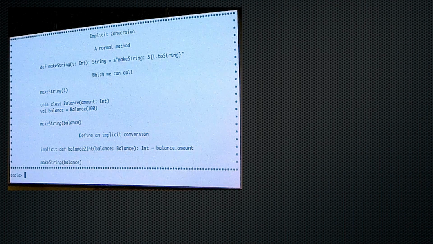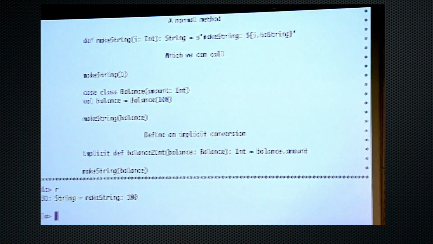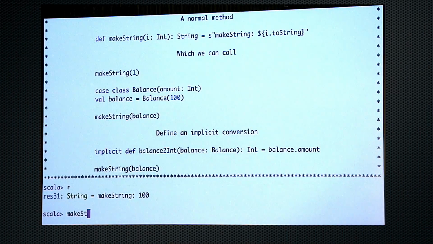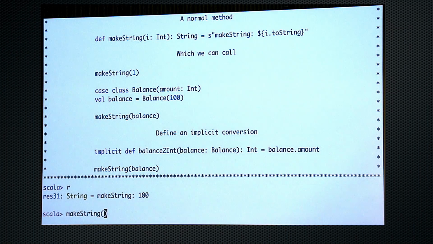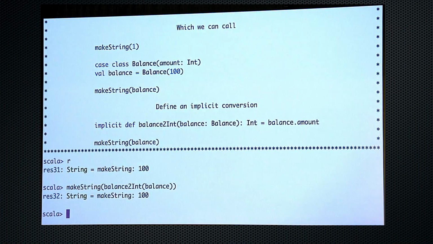So now if we call make string on this balance, it will work because what is actually being generated under the hood is make string, which doesn't compile like this, so it will try to look for an implicit to make it compile. So we get the balance to int being called on our balance value. And yeah, it's the same. So this is what the compiler does for you by using the implicit conversion.